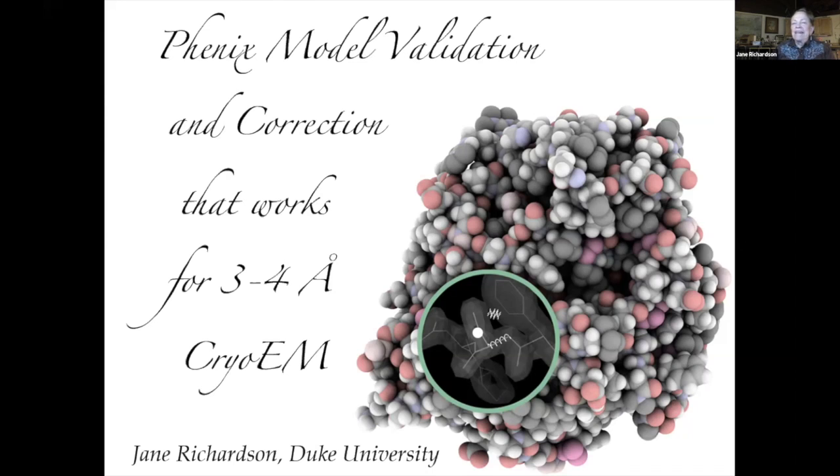So I'm going to take you through a quick tour of the earlier validations and what parts of them really are still good, and then show our Multi-residue validation that's in Phenix and some other things in Phenix and elsewhere that is now beginning to make things work at 3 to 4 angstroms better.